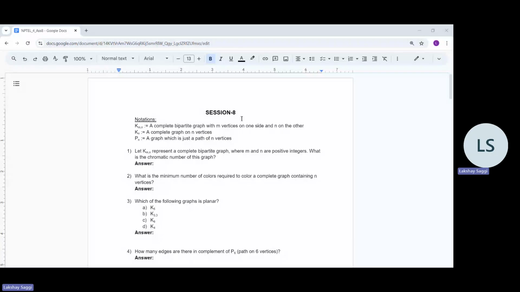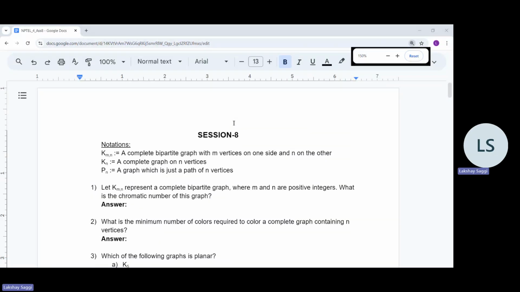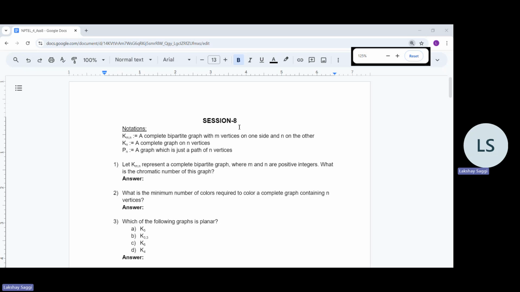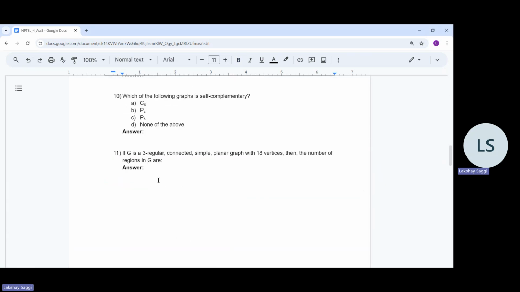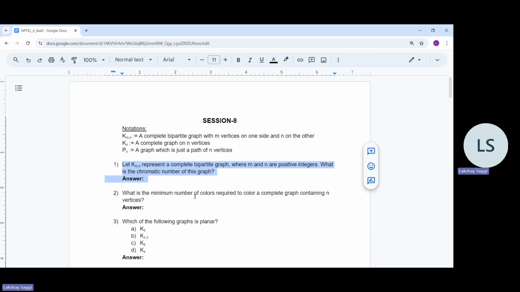Okay, so I hope my screen is visible to everyone. So this is again a great session. And first of all, we have something like 11 problems for today. Before discussing these problems, let's just cover some notations first because we'll be using these notations a lot in the questions.